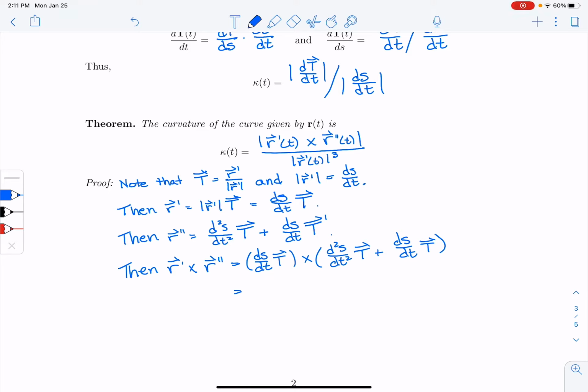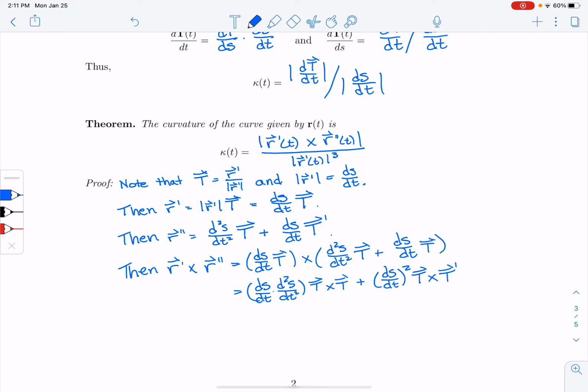So I'm going to get ds/dt d squared s/dt squared times T cross T, plus, now ds/dt times ds/dt, or ds/dt squared, and then this is going to be T cross T prime.